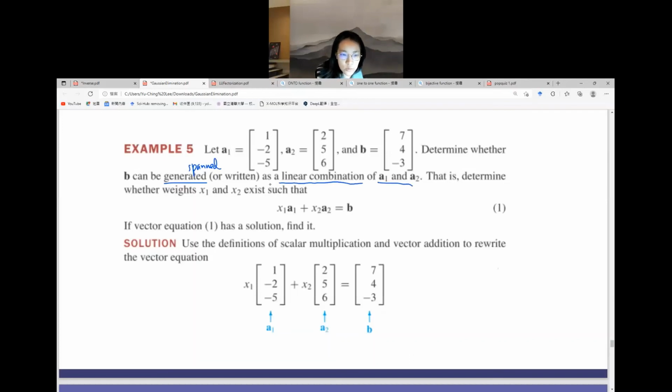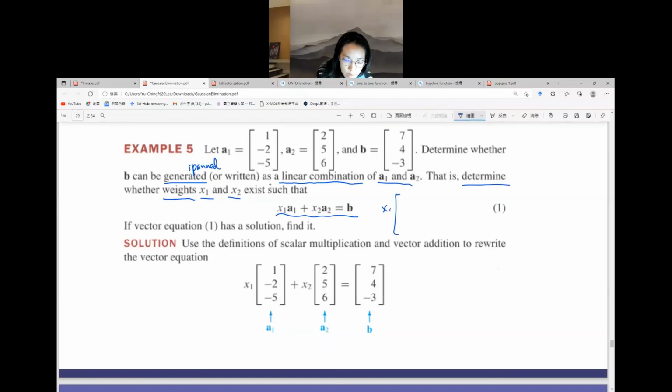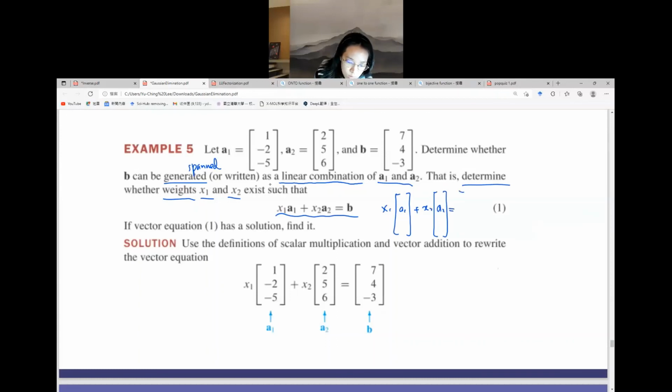That is to say, we need to determine if there exist some weights x1 and x2 such that x1 times a1, and always remember that a1 is a vector, plus x2 times a2 equals b. So this equation should be written this way, with vertical vectors a1 and a2, and then b. Okay, so the similar expression is like this.